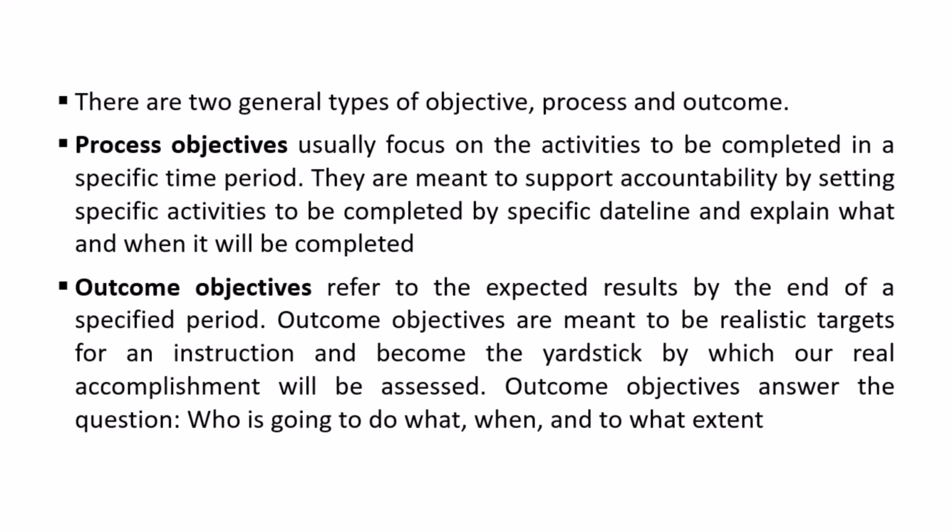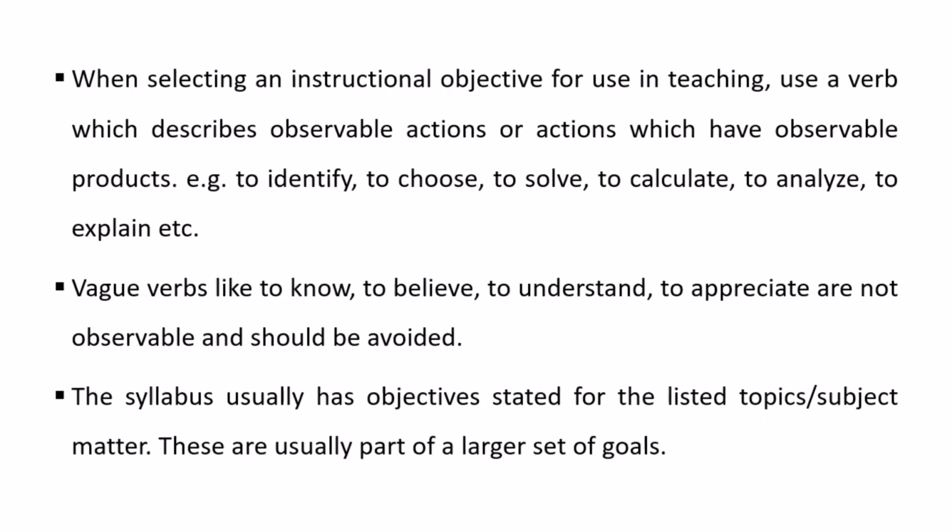Outcome objectives are meant to be realistic targets for an instruction and become the yardstick by which the lesson accomplishments will be assessed. So you can ask: who is going to do what, when, how, and to what extent? These are the outcome objectives.